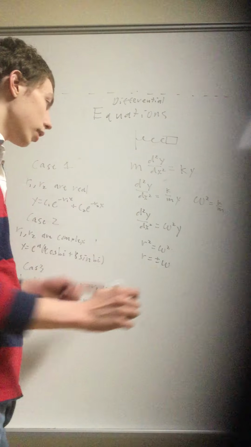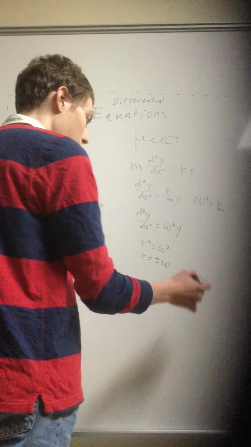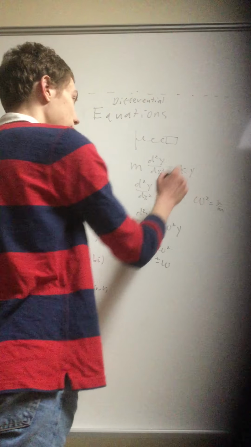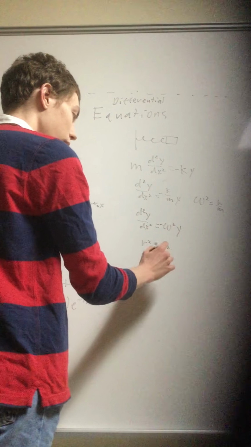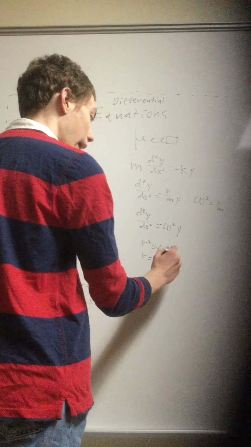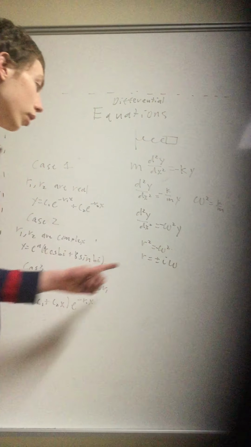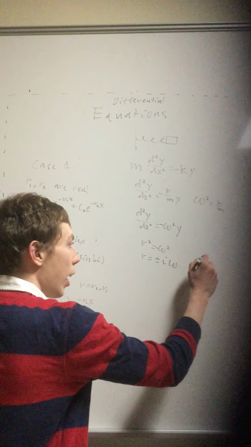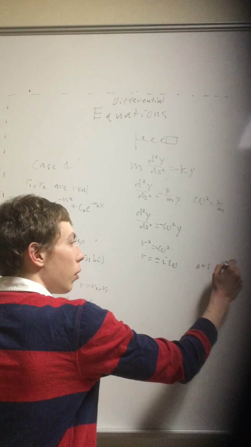So the solutions, in this case, this is negative. That's very important. So this is actually plus or minus i omega. So the solutions, here we have case 2, and we have a equals 0, b equals omega.